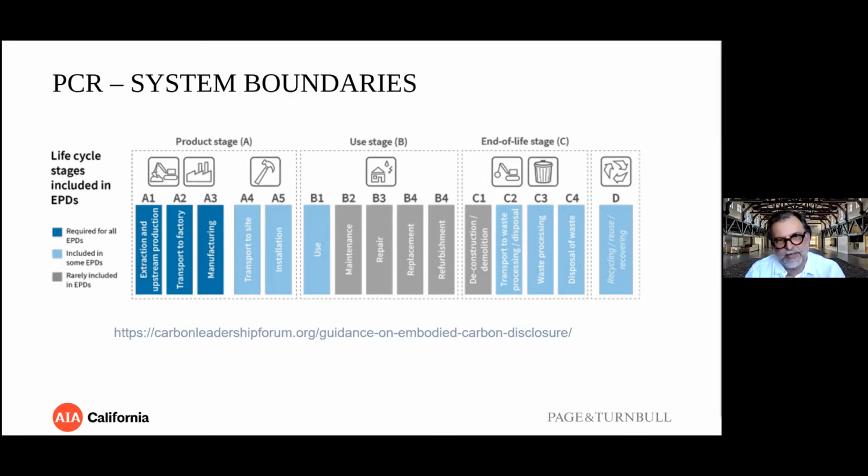And frequently we get material from pretty far away. The installation and use may be reported, may not; all the maintenance stuff typically isn't reported. You may get the transportation if the material is demoed, and the waste processing, you may not. So they do vary quite a bit.